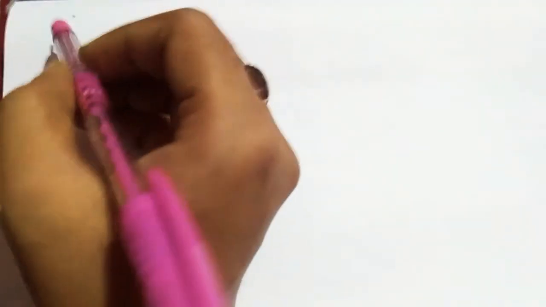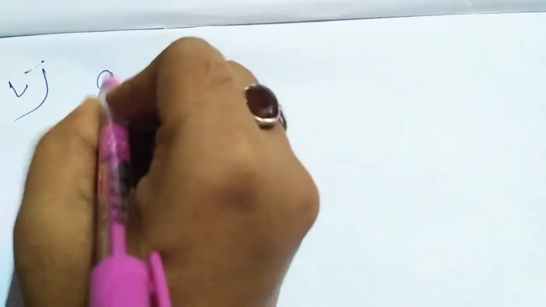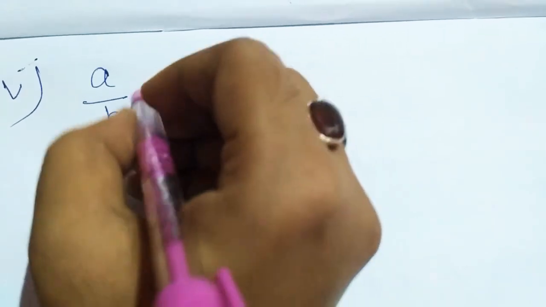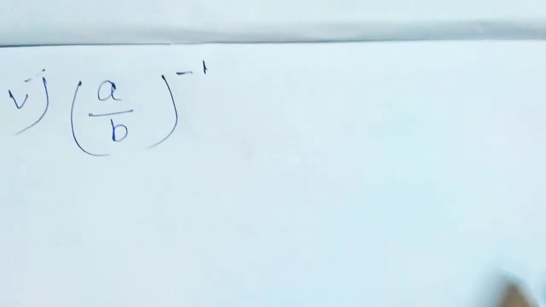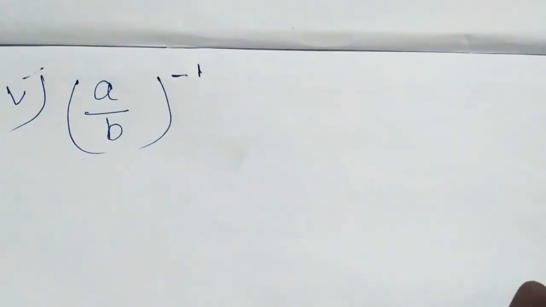Next law. Suppose that if you have a by b, this is the base and its power is negative, that means -1.